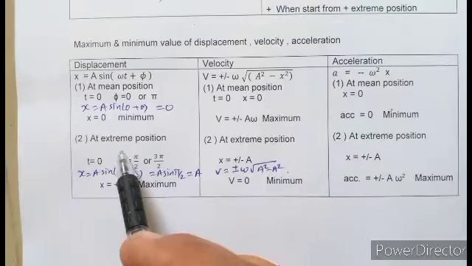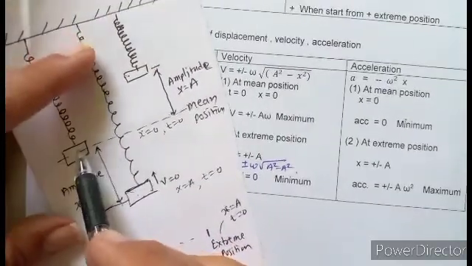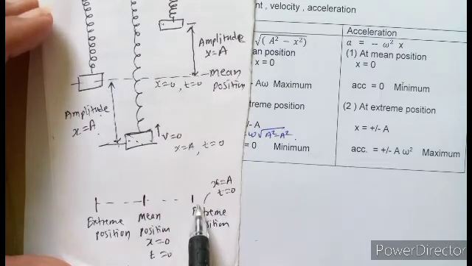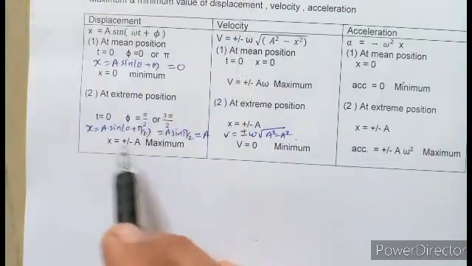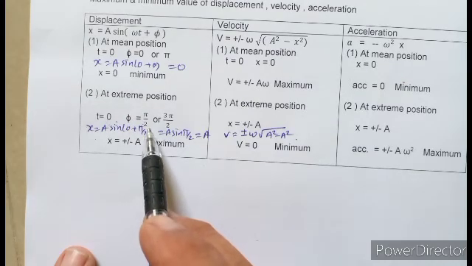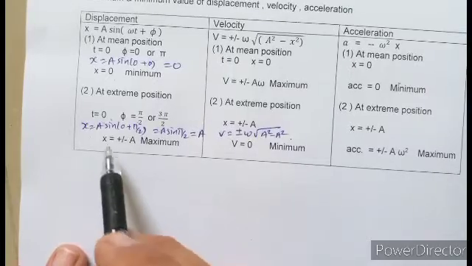When a particle is at the extreme position, that means when the particle is at this position or here at this position, at that time t is equal to 0 and φ is equal to π/2. Substitute again in the equation of displacement.